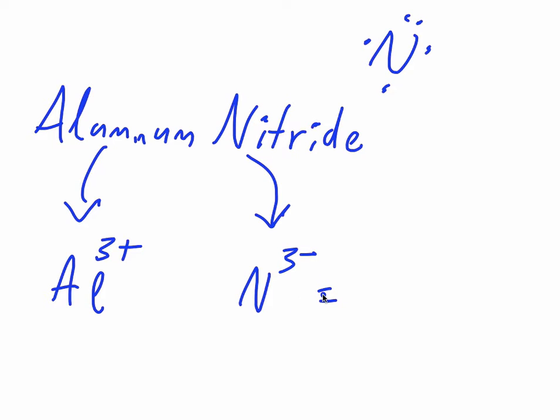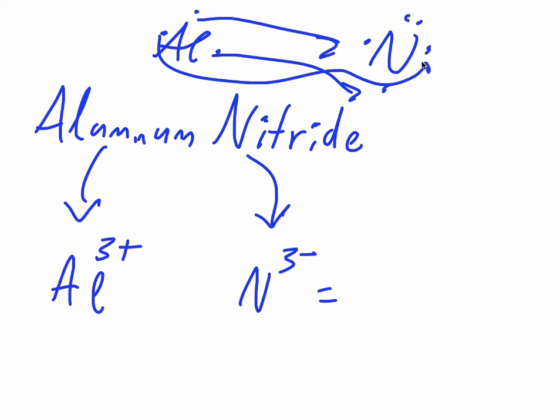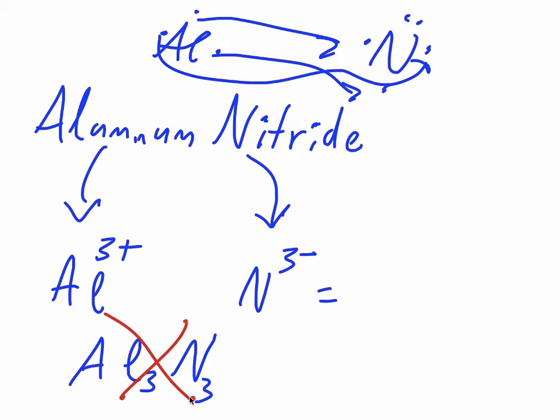Okay, so those completely balance out. When we were doing the arrow version, you would have seen that these would have just transferred and you would never have made this mistake, which is why I started you with that. They perfectly fit. But when we're doing it this way, sometimes people will have the tendency to love this little switch motif, and they'll do this. And that is 100% completely wrong. The answer here is AlN. If they're the same number, you don't have to switch them.